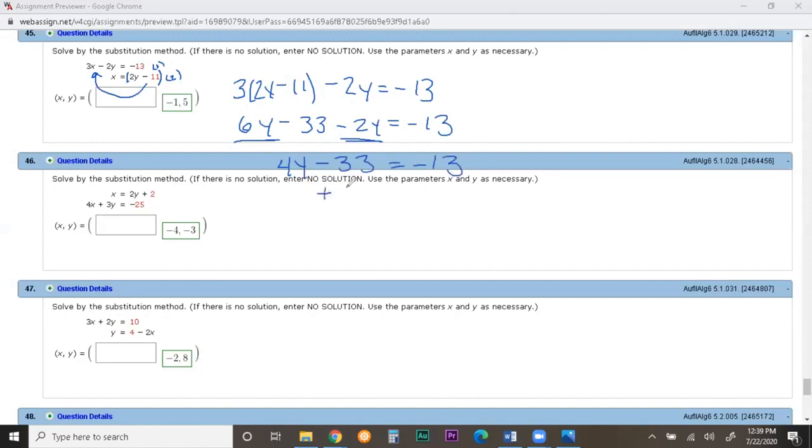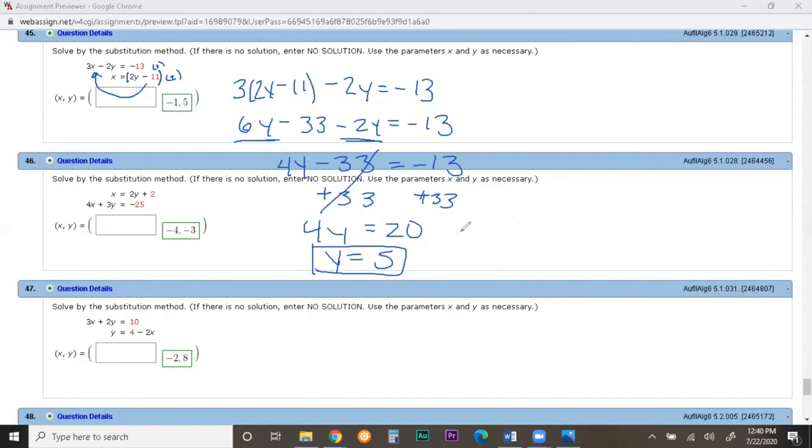Then we have to add 33. So we have 4y equals, and I believe it will be 20. Yep. So y equals 5. Okay.